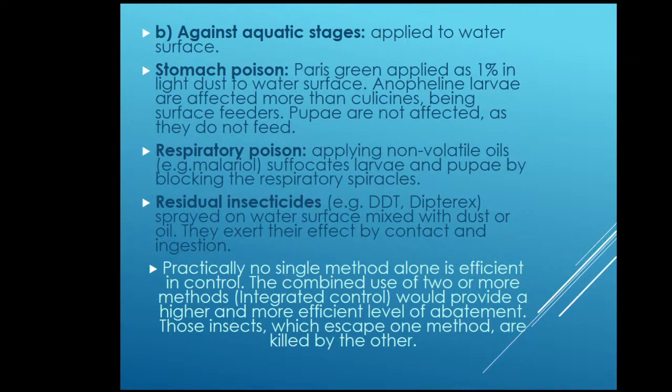Respiratory poisons: applying non-volatile oils on the surface of water, which prevent the breathing of larvae and pupae by blocking the respiratory spiracles and breathing siphons. Residual insecticides such as DDT, Dipterex, are sprayed on the water surface mixed with dust or oil.